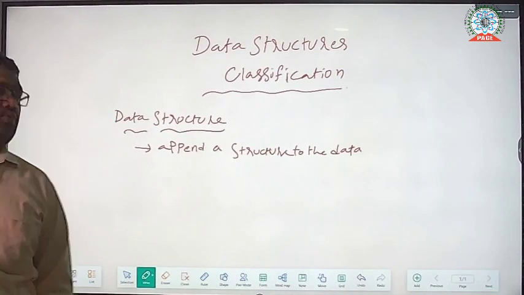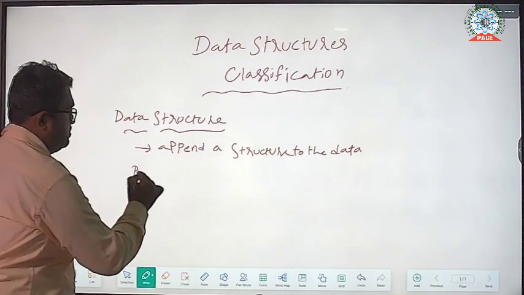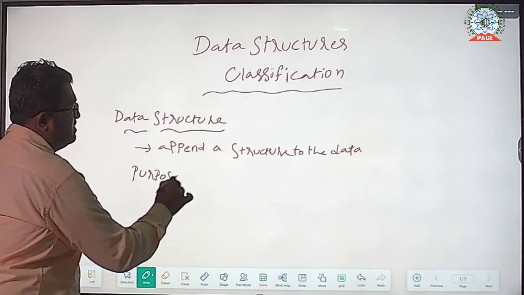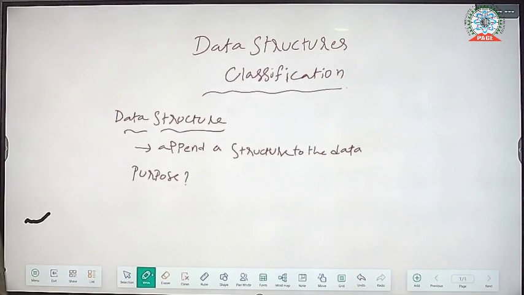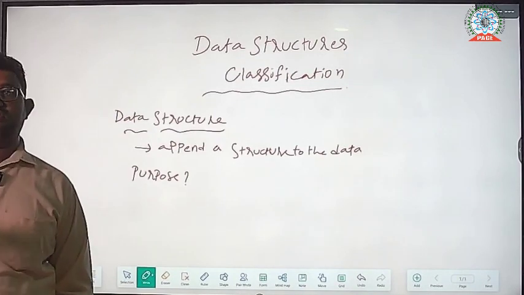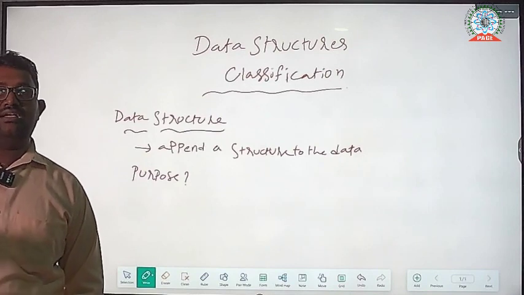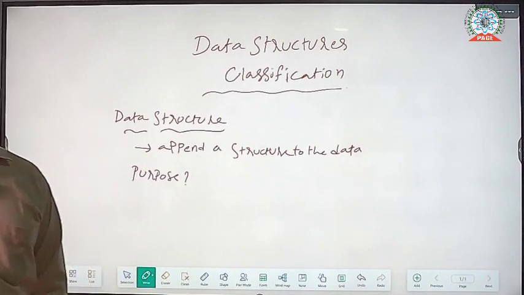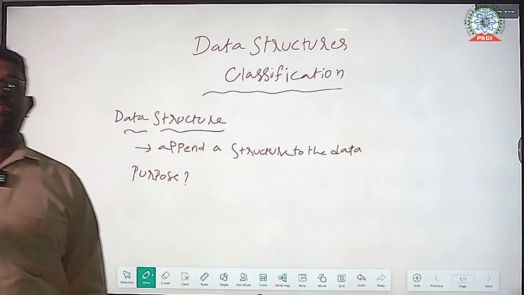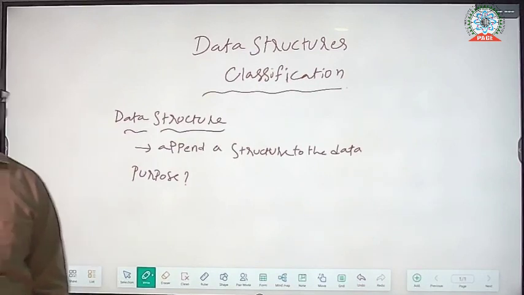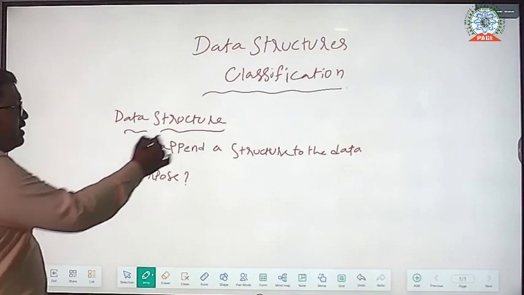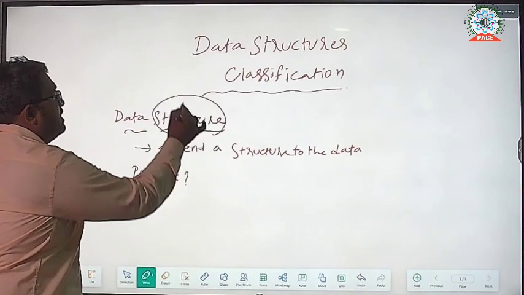Why do we need to arrange? What is the purpose? The purpose of arranging the data is to make it easy to access and easy to trace. That means we can trace the data in a faster way. For that purpose only we append the structure to the data.